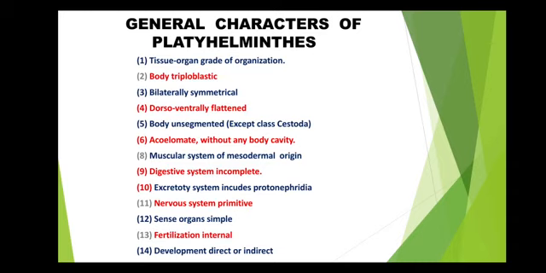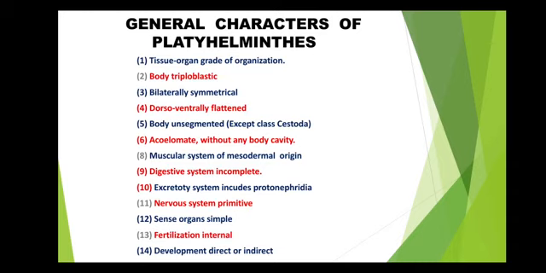Point number 4, body form, dorso-ventrally flattened, usually with a small, well-defined ventral surface bearing mouth or gonopores. Point number 5, body wall, body unsegmented except in class Cestoda.